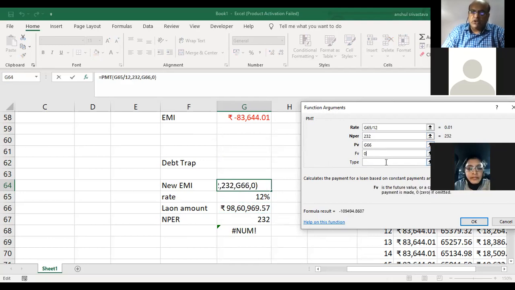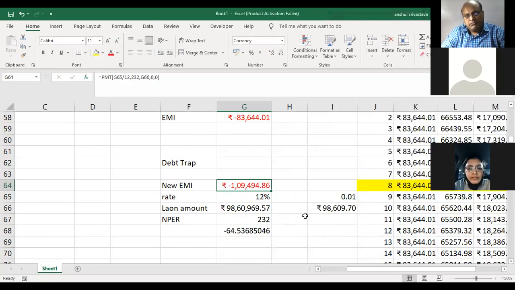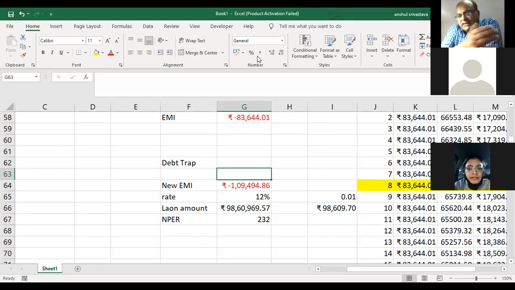Future value is 0 and type is 0. So 109,494. The new EMI would be 1,09,494 if this guy is okay with maintaining the same term.